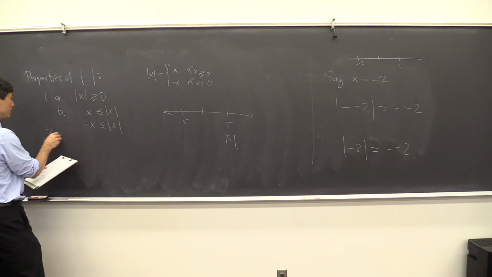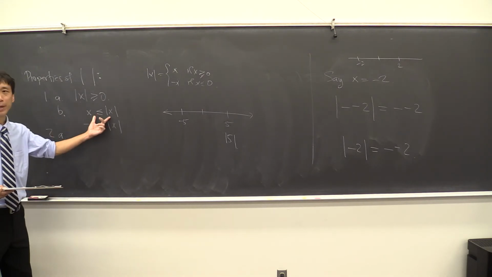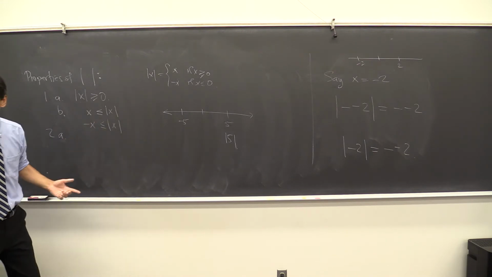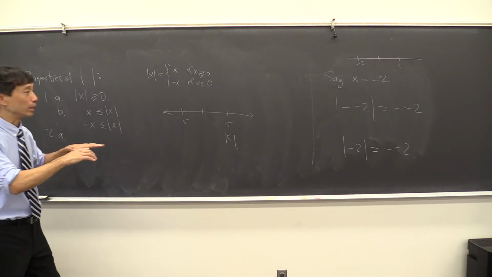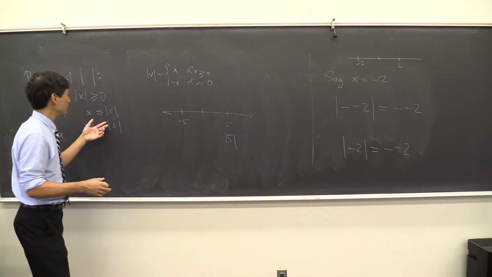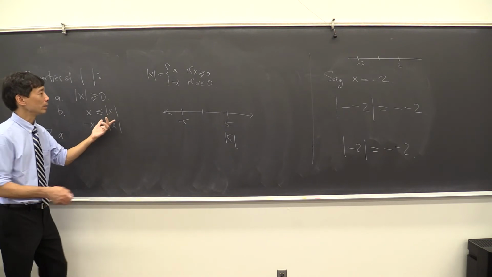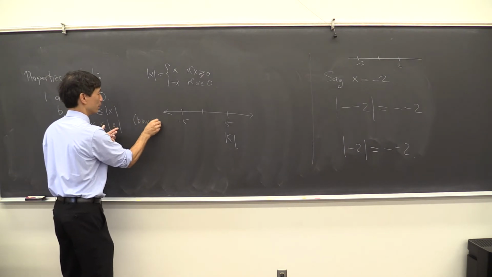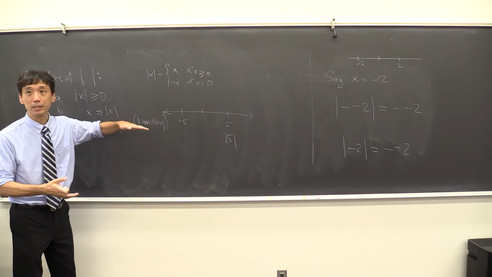Another property is related to multiplication. But first, why do we care that the absolute value is always bigger? Sometimes in math, you have to get control of the size of something. You want to know whether this thing is bigger than that thing. This will be involved in something we'll call bounding, that is, getting a max on the size of something.